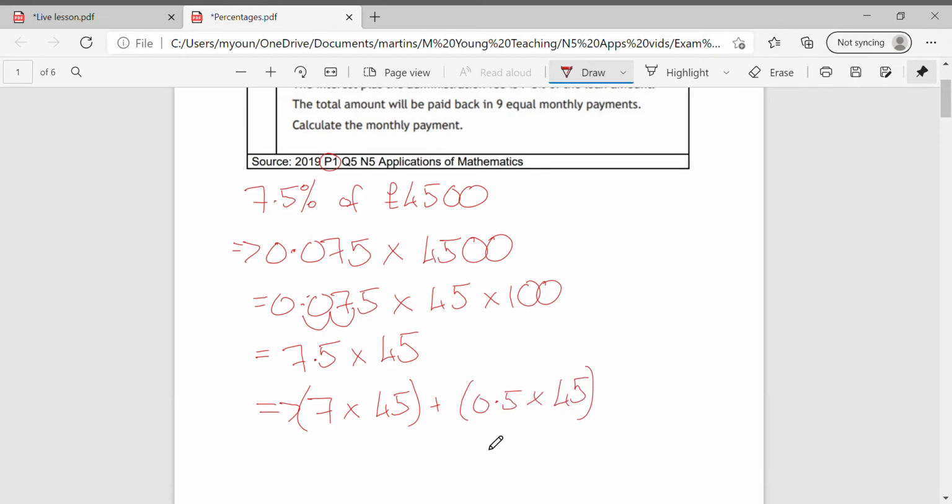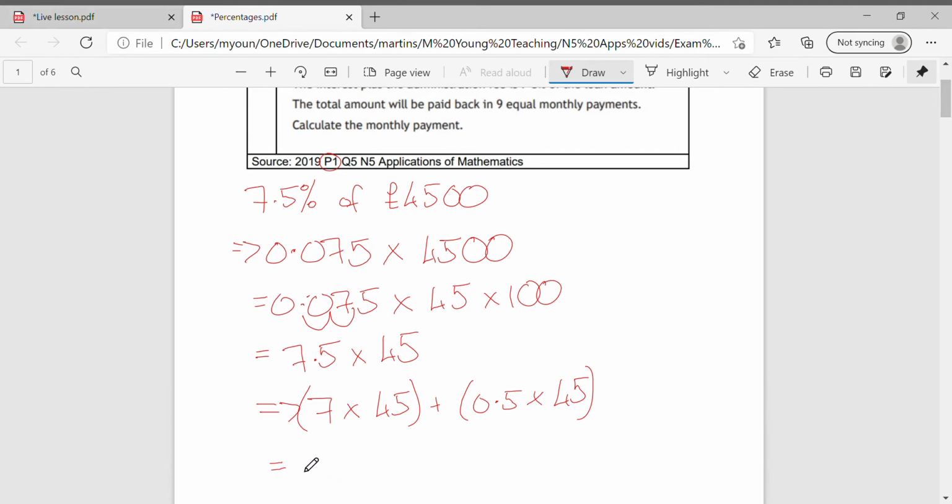Because remember, that's when we can split our numbers up like that. So 7 times 45, hopefully you can try and do something like that in your head. 7 times your 40, 7 times your 5, add them together. So 7 times 45 is going to be 315.